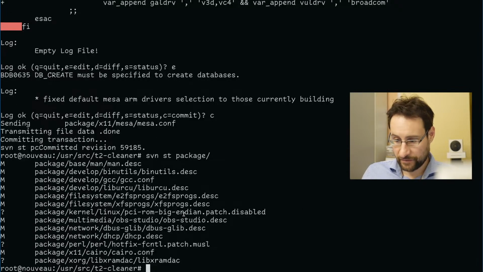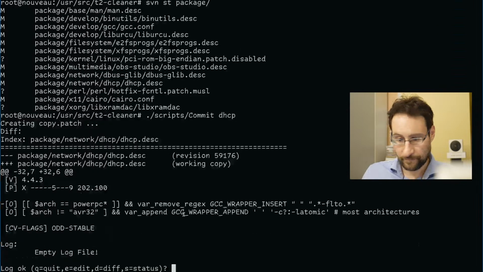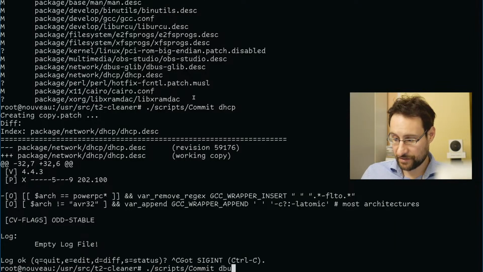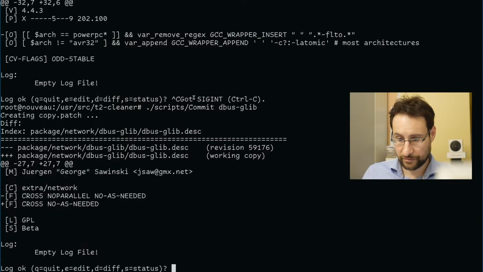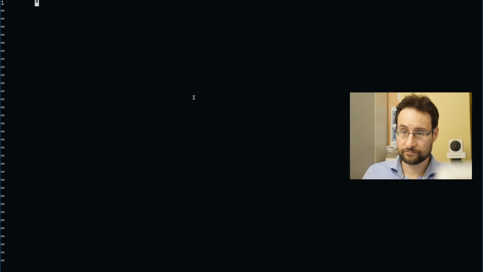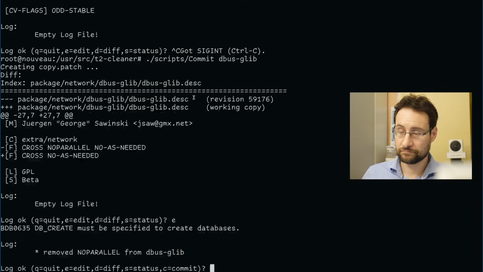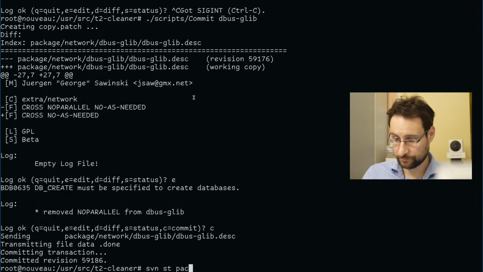And what else do we have here? I think I tested this dbus-glib already. That was no parallel. Currently built. Appears to build for me right now.